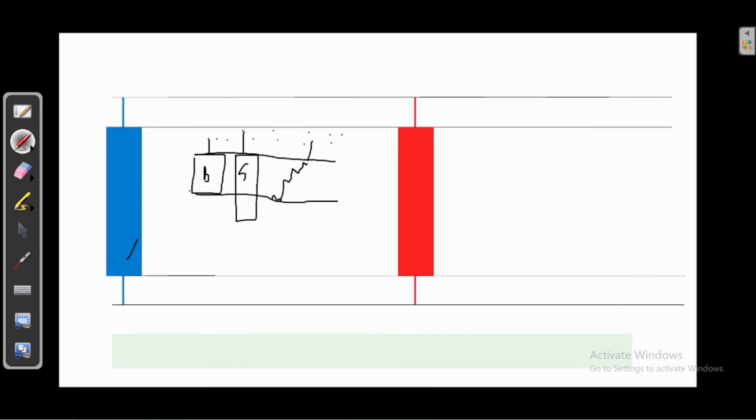This is the high, then come like this and close. It's close here. Do you get? That is the close. But for sell candle will open here, move to high, then close downward. So this is where the sell candle opens. So the sell candle opens at the close of the buy.